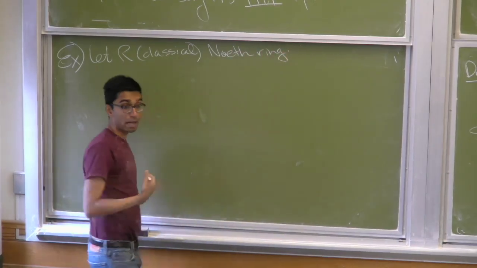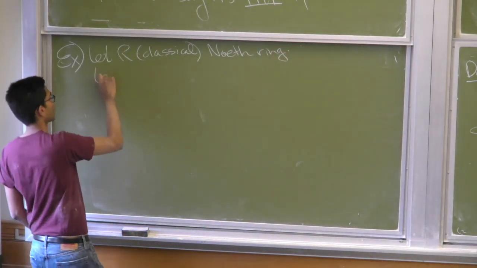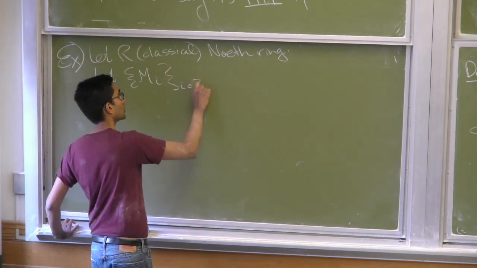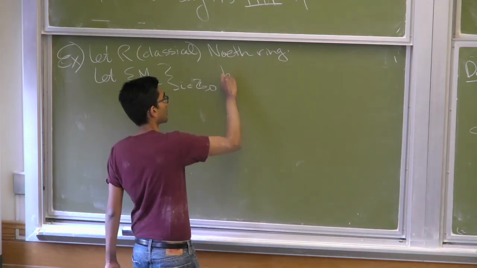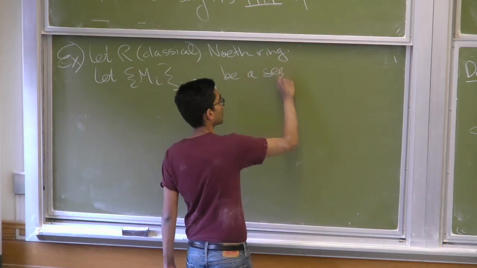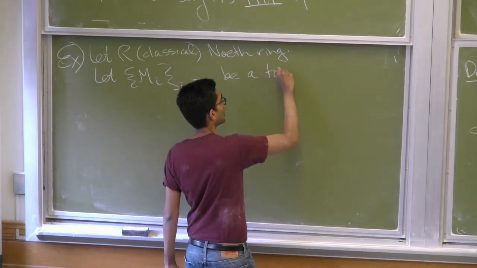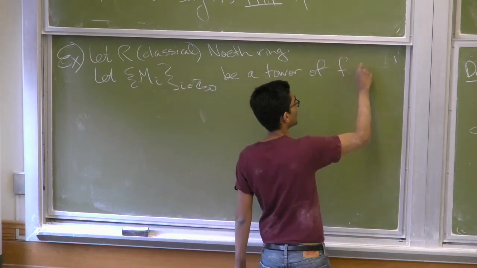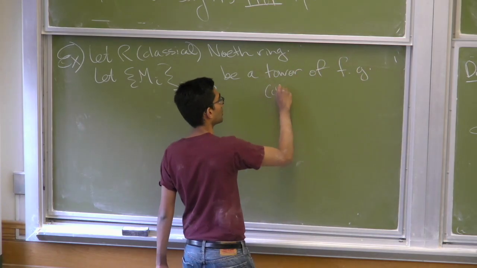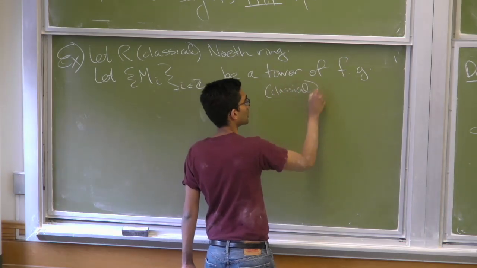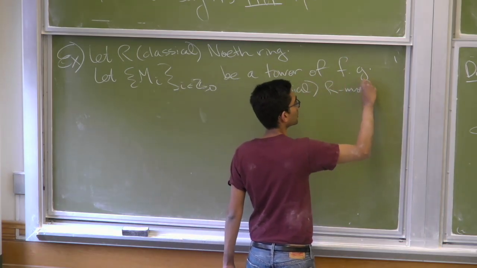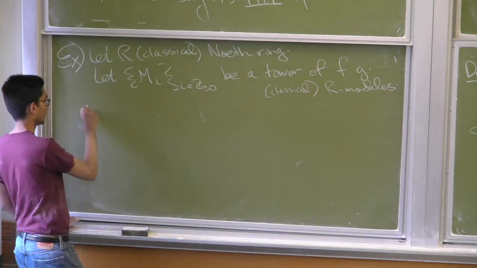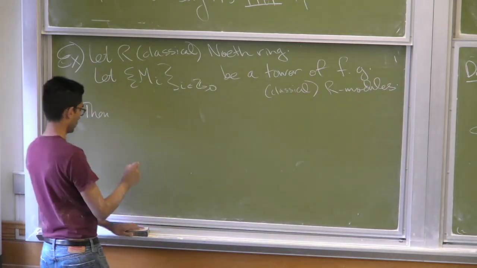And let's say we have a sequence, a tower of finitely generated classical R modules. Then the following are equivalent.